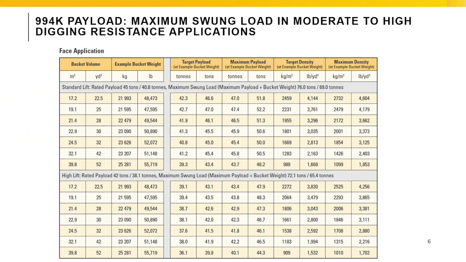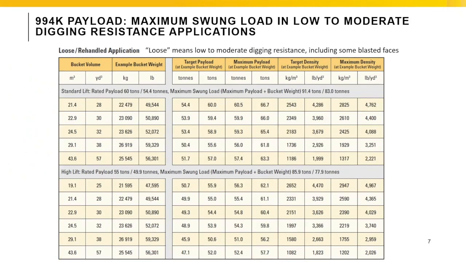So first of all, we have the face application. That's the rated payload that we've seen all along since this machine was introduced a number of years ago. Moving into what's new, we now have in this publication the higher payload for what's labeled here as a loose rehandled application.